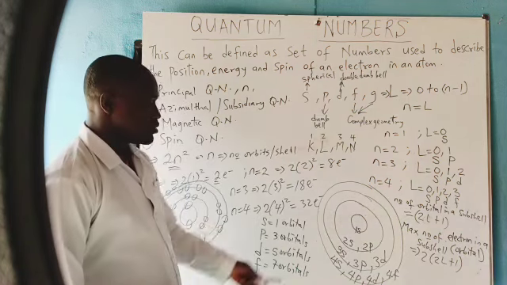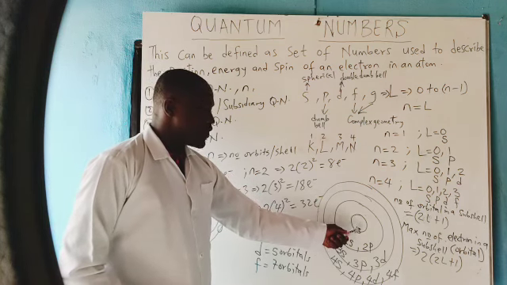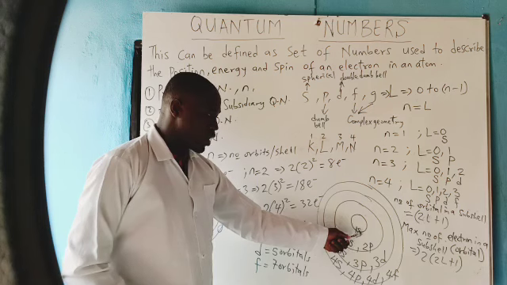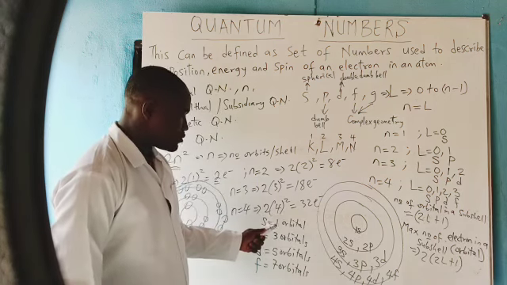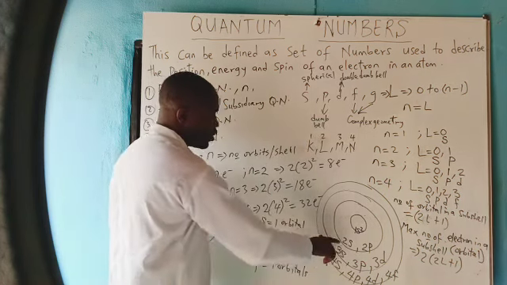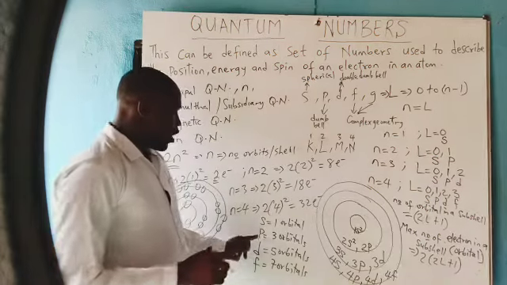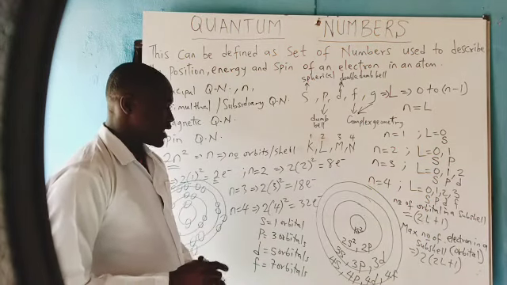Look at what we mean. In this subshell, it has orbital s. The maximum number of electrons here when you talk about s is 2 times 1. You have it to be 2. Then for p, that is 3 orbitals.